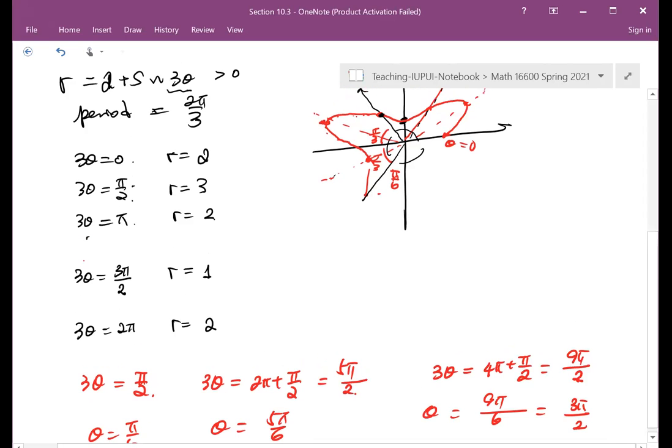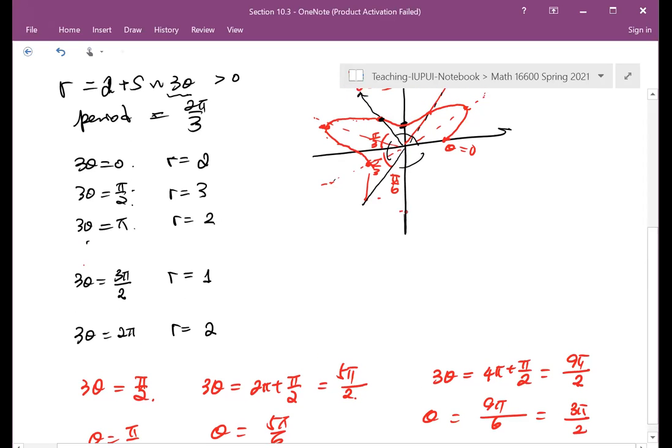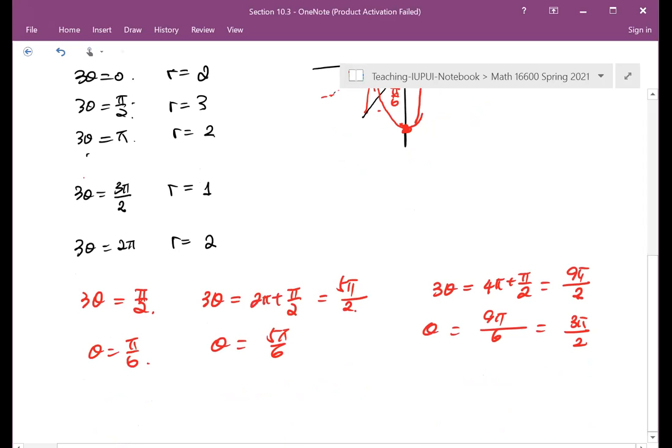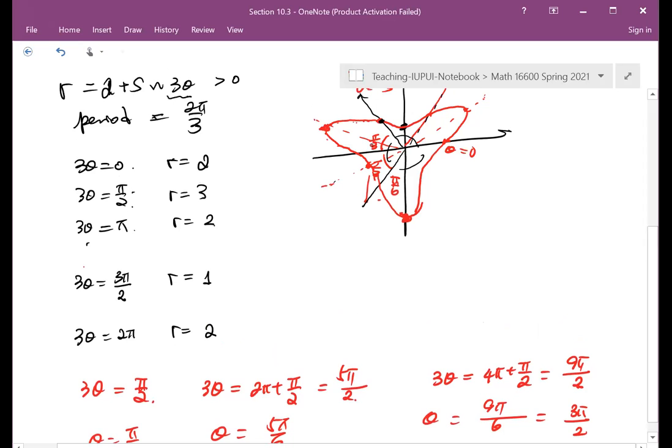So 3 pi over 2, this is the point. So you figured out those points, and here's 5 pi over 6. So this angle should be the middle of this.